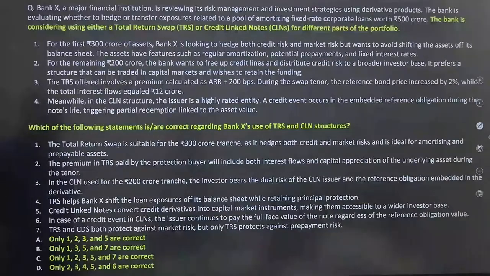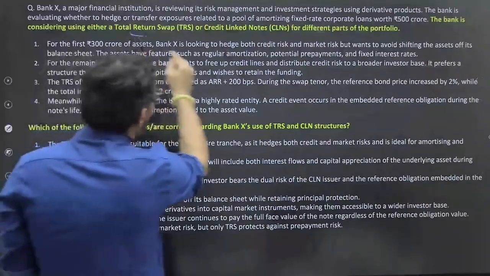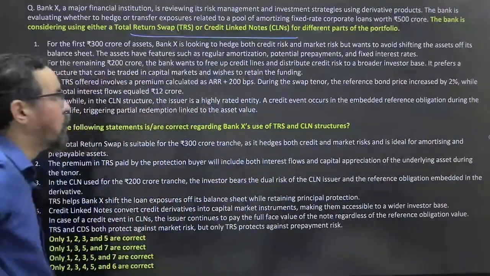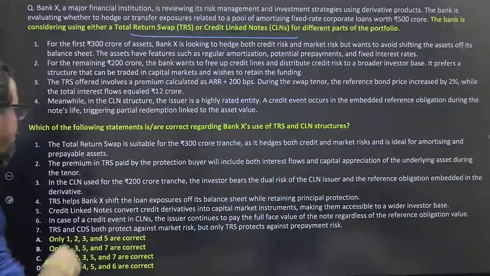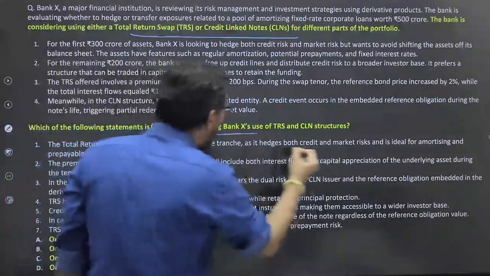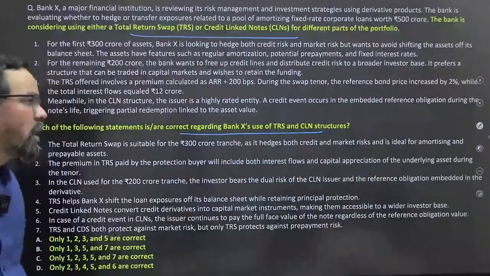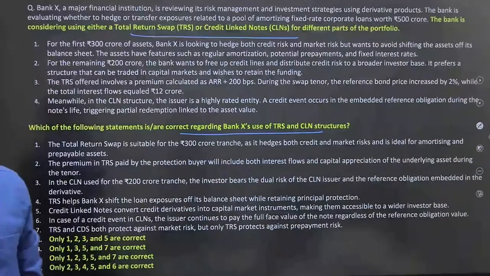The bank is considering using either a total return swap, which is TRS, or credit linked notes for a different part of the portfolio. Which of the following statements is correct regarding Bank X's uses of TRS and CLN structures?